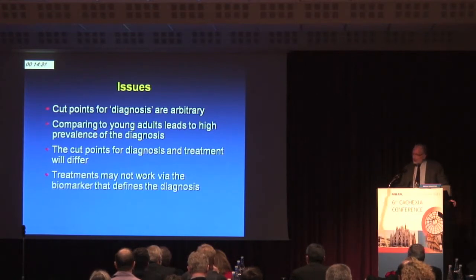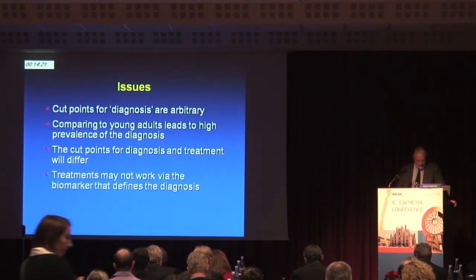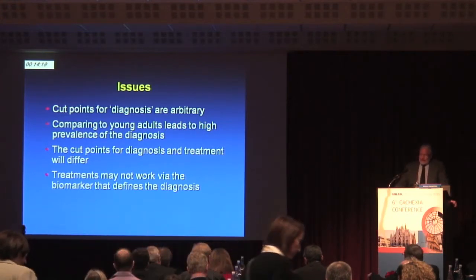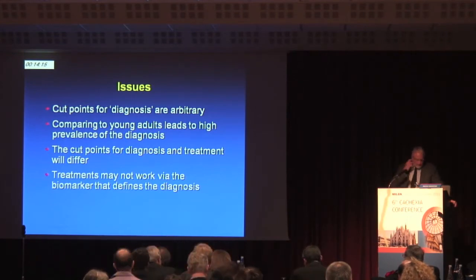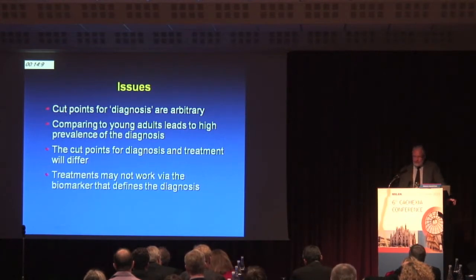And ultimately, as you develop drugs for the treatment of the condition, the cut points that you use for diagnosis will inevitably differ from the approach to treatment. And finally, treatment issues will arise because treatments may not work by means of the biomarkers that define the diagnosis, making it hard to consider these surrogate markers or use them in following patients.